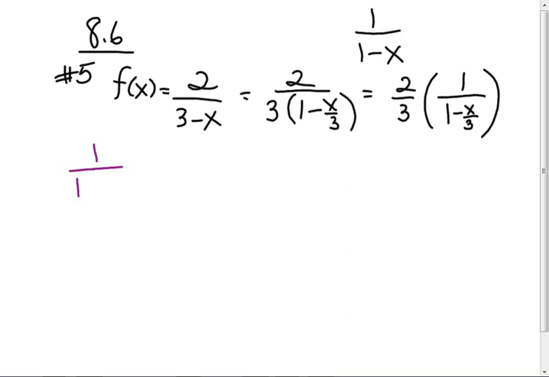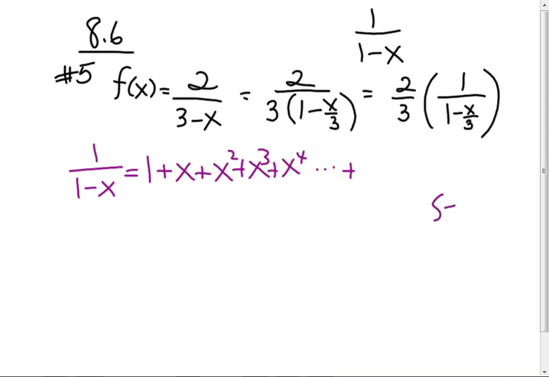Well, you've got to, what's this? 1 plus x plus x squared plus x cubed. Interestingly enough, no, it's plus. This is 1 minus x. Those are all pluses because that's what it is.